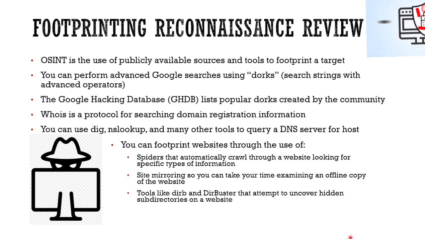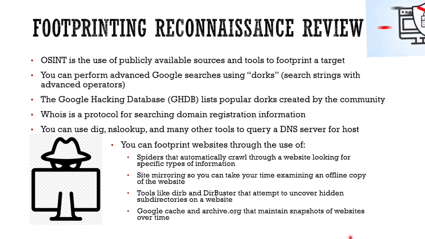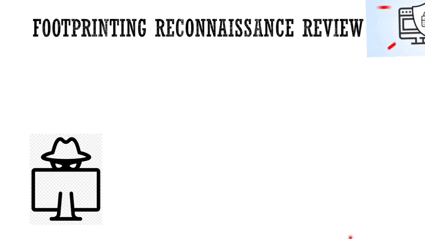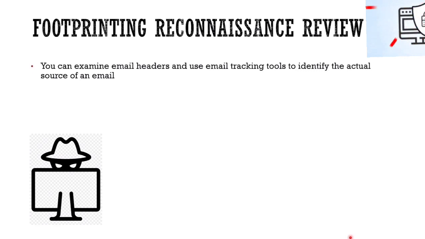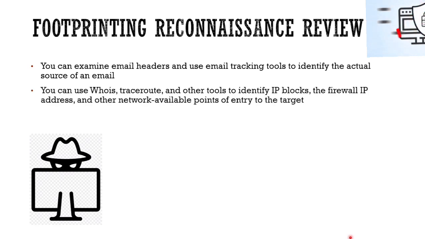Google Cache and archive.org maintain snapshots of websites from before, over time, especially archive.org. You can examine email headers and use email tracking to identify the actual source of an email. You could use Whois, Traceroute, other tools to identify IP blocks, firewall IP addresses, and network available points of entry into the target.